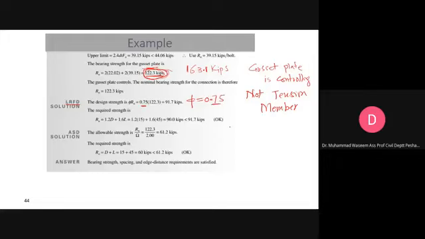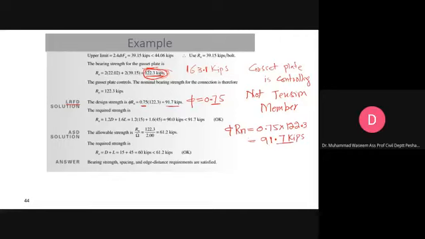So we have to multiply this design strength, 0.75 into 122.3 kips. So it comes out to be 91.7 kips.